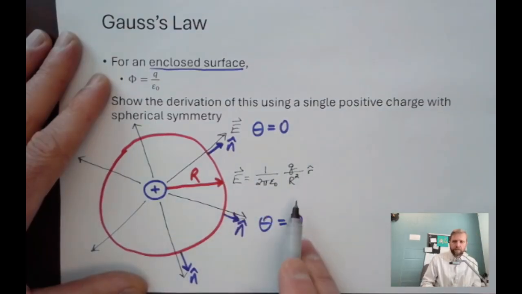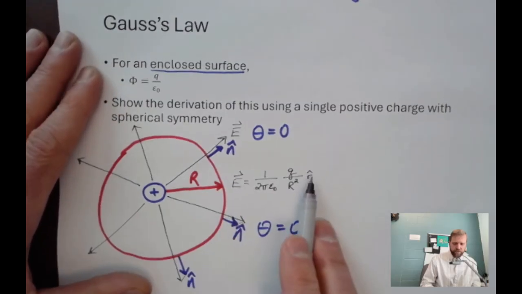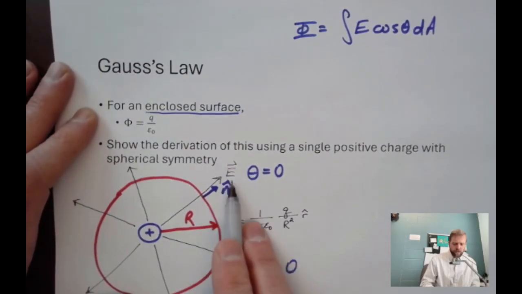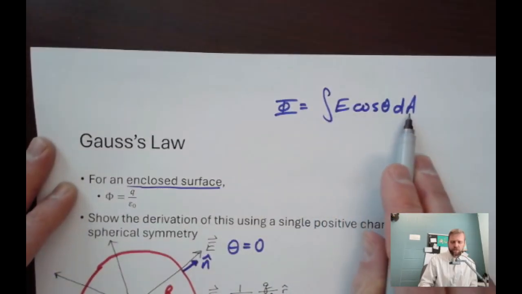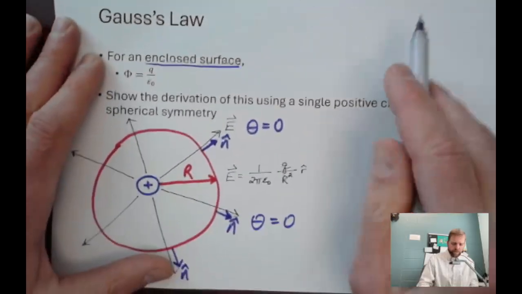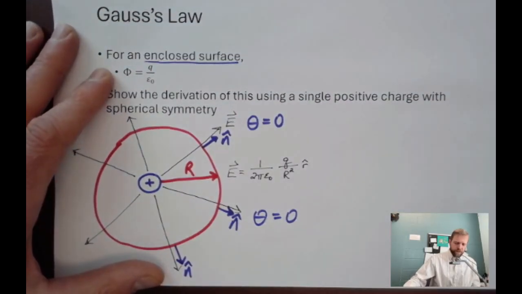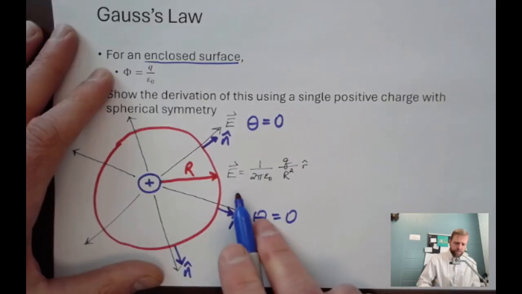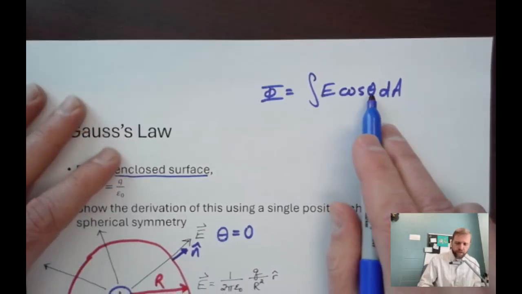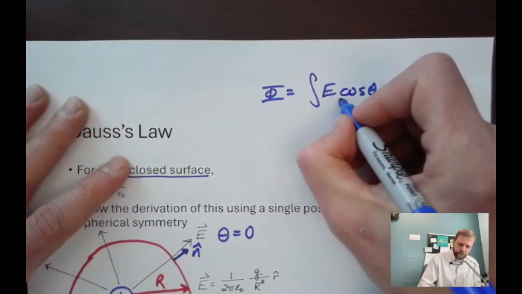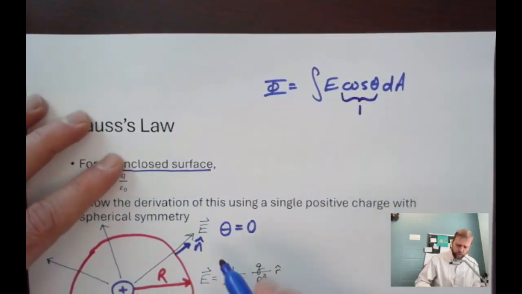But we already accounted for the direction of the vectors and the fact that the angle between these is 0, and so all we need here is magnitude. Okay, so this is the electric field, and I'm going to plug that in, and recall that the cosine is 1 everywhere.